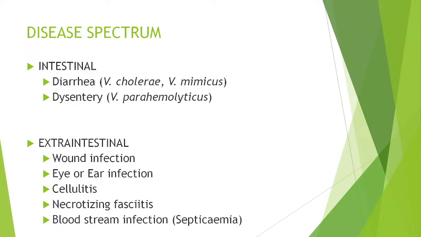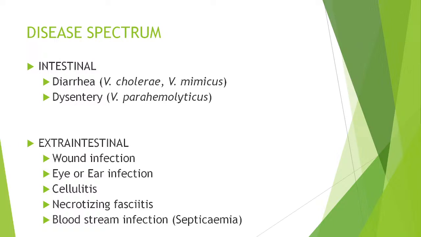The classic intestinal manifestation is the diarrhea associated with Vibrio cholerae, and another Vibrio called Vibrio mimicus, because it mimics Vibrio cholerae in that it is able to grow without high salt concentration. So that is why its name is Vibrio mimicus, because it mimics Vibrio cholerae in that aspect.